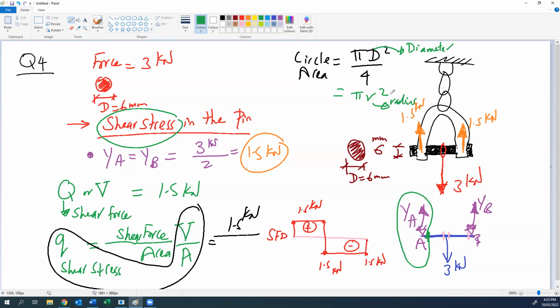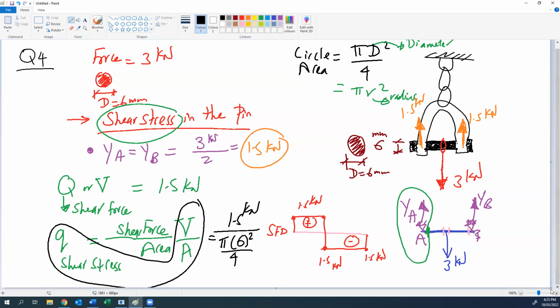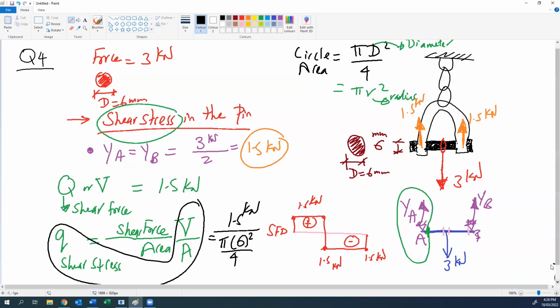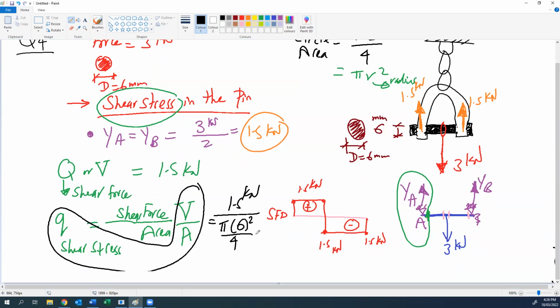In this example, we have the diameter. So the area for this example will be pi times 6 squared divided by 4, and the area will be in millimeter squared.